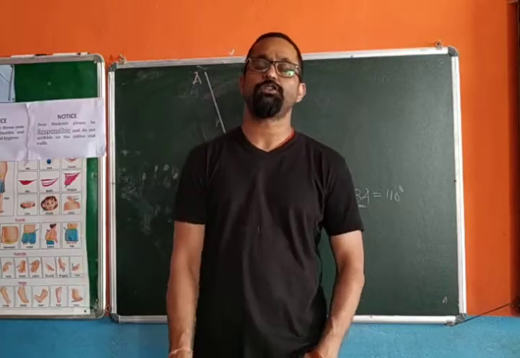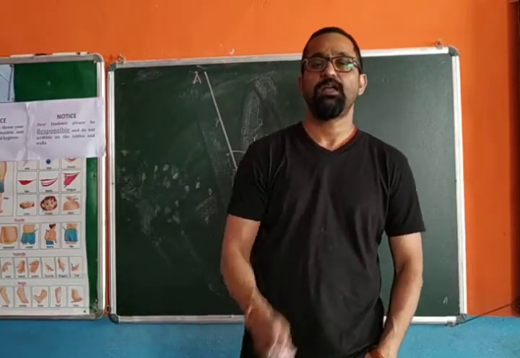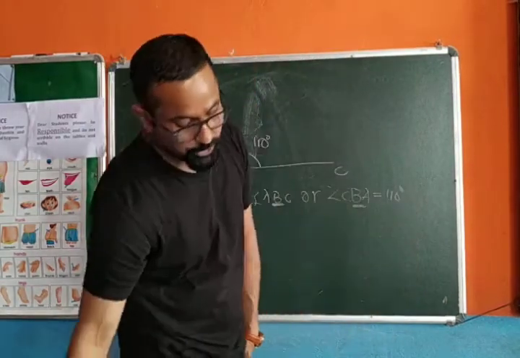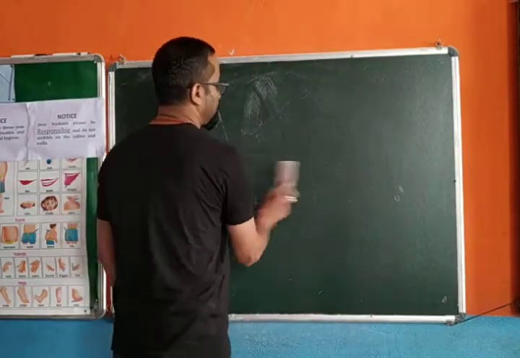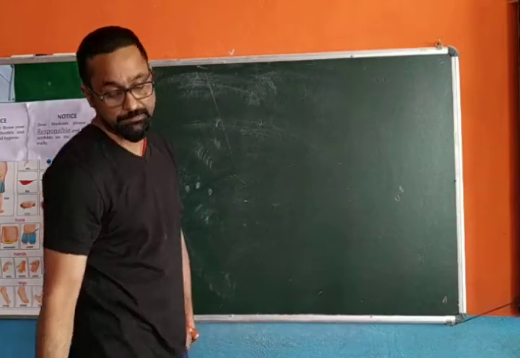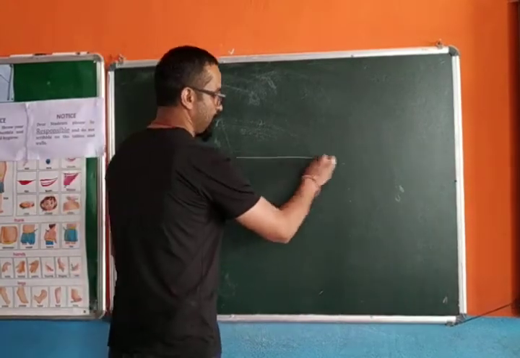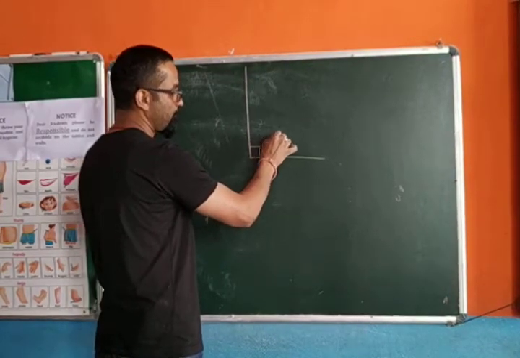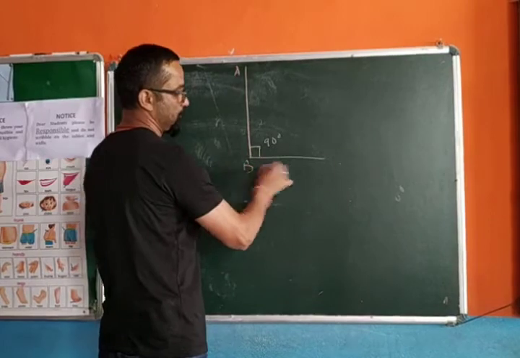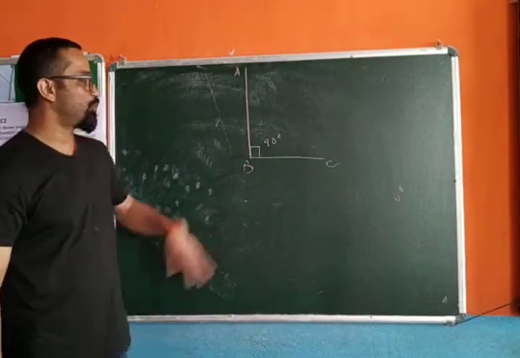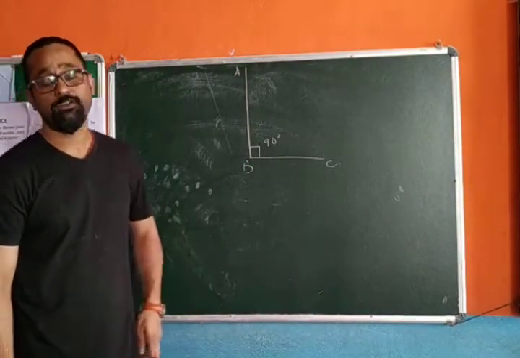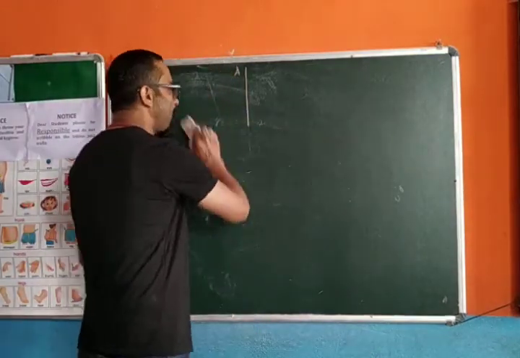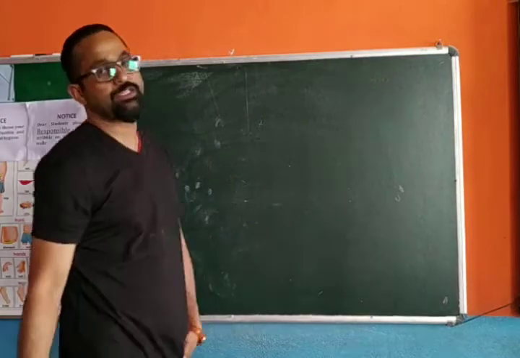Third one is called right angle. An angle whose measure is 90 degree is called right angle, exact 90 degree. Next one, you have straight angle.